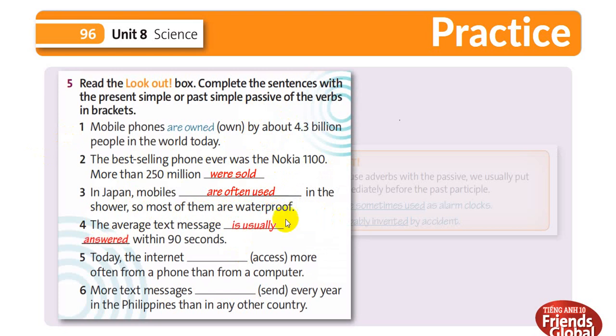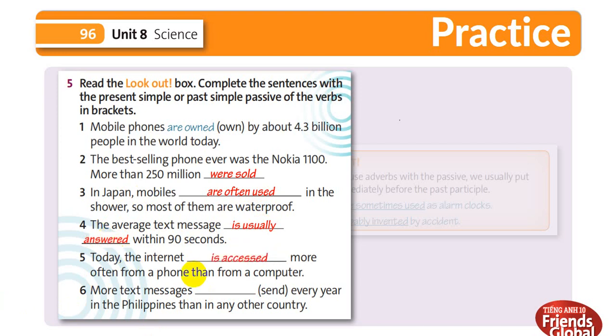The average text message is usually answered within 90 seconds. You can put the adverb with the passive; you put it immediately before the past participle, like the adverb here, usually, before the past participle. 5.